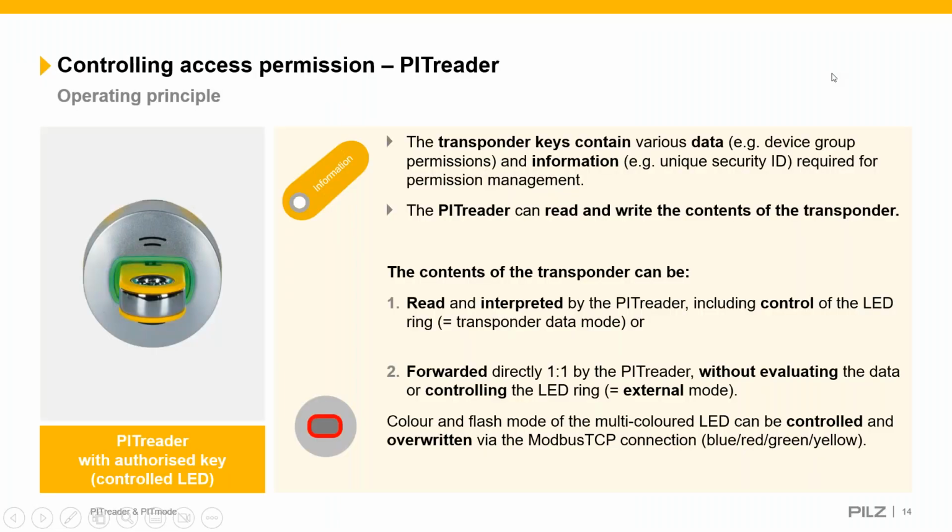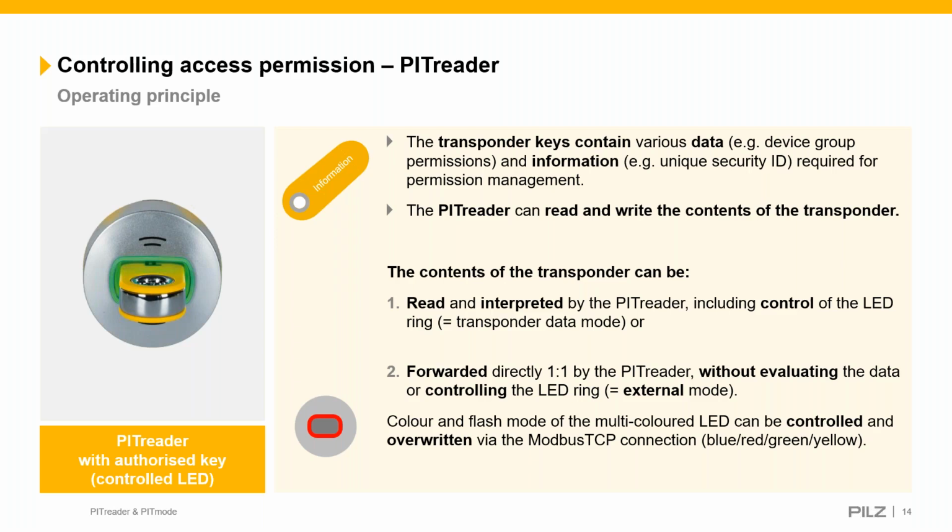So the operating principle, the transponder keys contain various data. So this could be device group permissions, and we'll run through that, and information, which could be a unique security ID required for permission management. And the PIP reader can read and write the contents of the transponder.